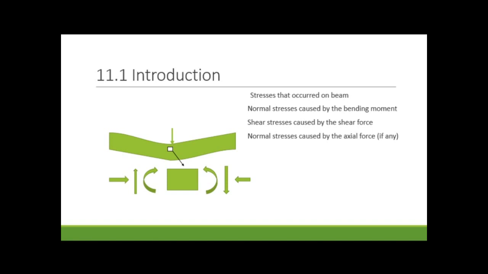And if there is any axial load, which I didn't show as an external load, we also have to consider the normal stress caused by the axial force. These are the internal stresses occurring when we apply the external loads.